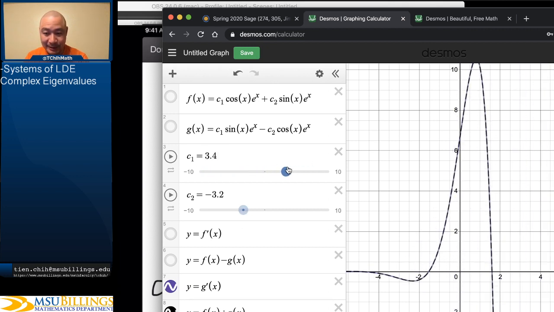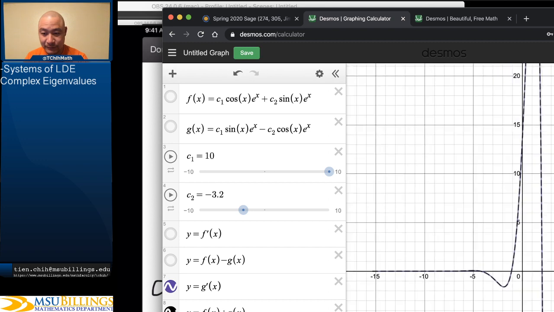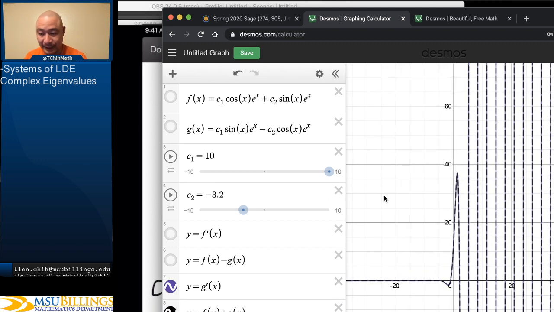Once again, it looks as if, sorry, not f and g, but g prime and f plus g, are totally in line with each other, right? All right, so I'm convinced then that this is in fact my general solution.